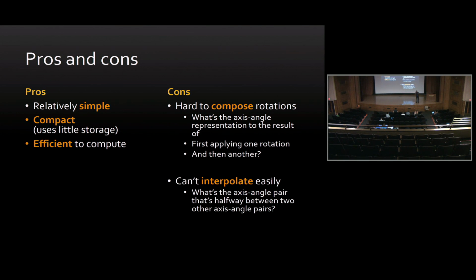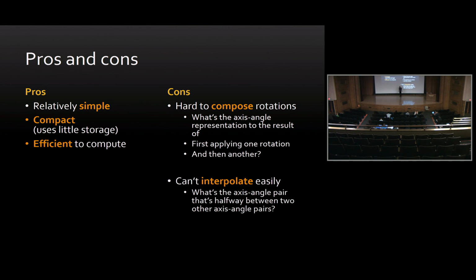There's no nice formula for how to combine those rotations together to get the equivalent axis angle rotation or the composition. I mean, you can do it, it's very painful. It's painful enough that I've never actually seen someone write down what the formula would be. More importantly, if you're in our field, you can't interpolate between 2 rotations.